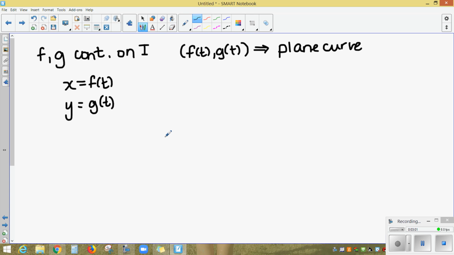We'll use theta if we're talking about angles, but t doesn't have to mean time, though that's the most common example. If we look at this set of equations together, this is our set of parametric equations. And again, t or theta or whatever our third variable is, other than x and y, that's our parameter.